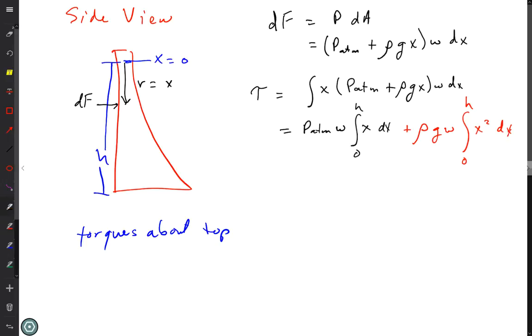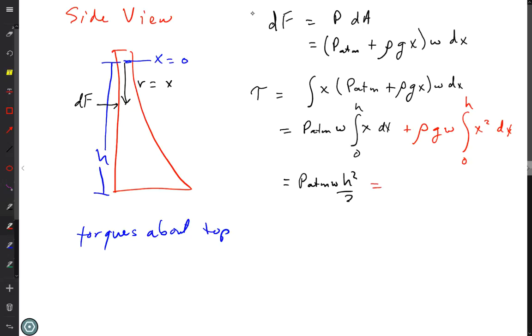So if we do these integrals, what do I get for the first integral? Because the limits are so simple, it's 0 for one of them, and we don't have exponentials or anything. It's h squared over 2. Okay, so I'm going to have P atmosphere W, the constants, multiplied by h squared over 2.